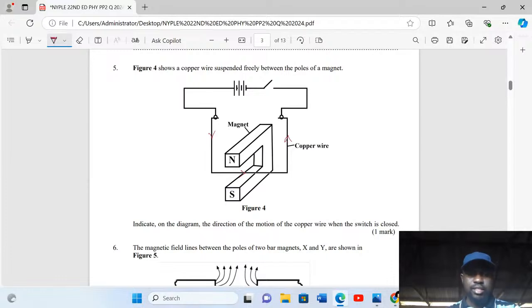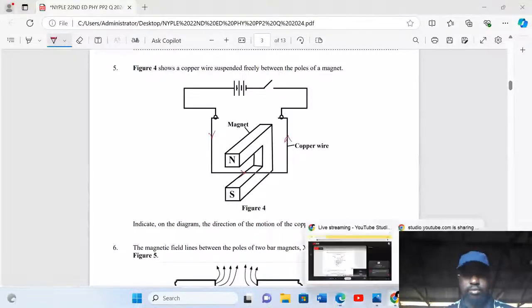The first finger will show the direction of the field, the second finger will show the direction of the current, whereas the thumb will show the direction of the resultant force.